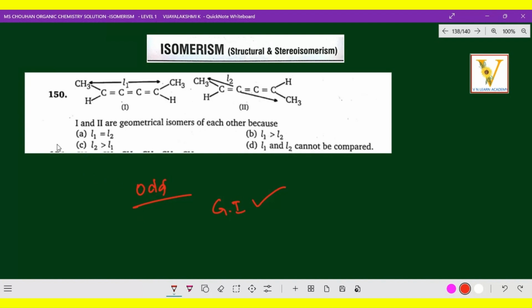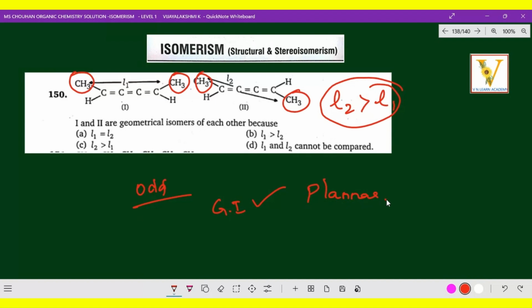See, the same idea we have gone through, that 42 and 43, the same question is repeated in a different way. So here also I just mentioned this is an odd cumulene and can show geometrical isomerism. So in that way, here CH3 and here CH3 is L1, and this CH3 and this CH3 is L2, which will be greater than L1, because mainly it is a planar molecule.